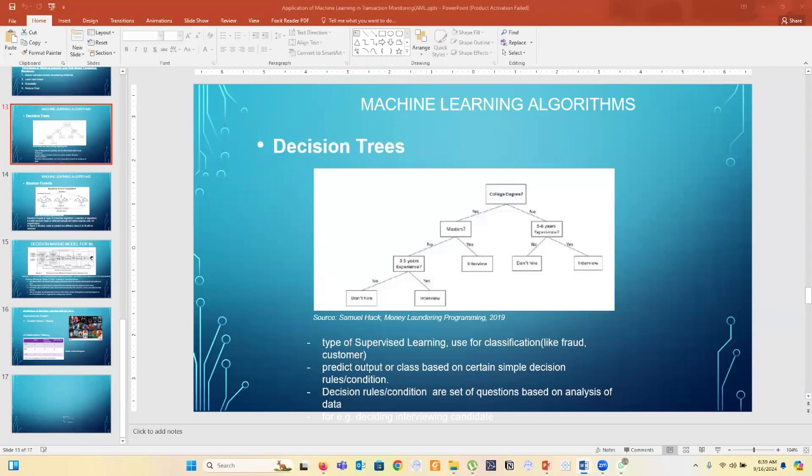So for example, you can see at the top here, we are selecting some candidates out of a total pool, deciding which ones to interview. If you look at the decision tree, the first question it is asking is whether the candidate has a college degree or not.